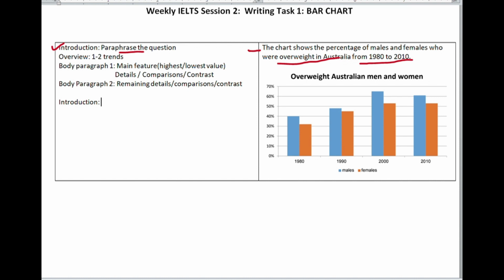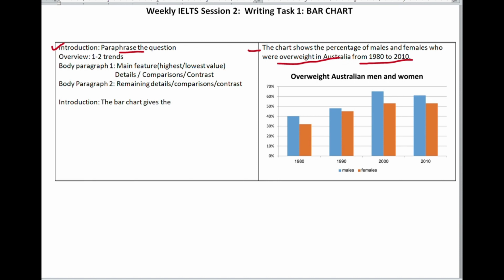In place of chart, we'll write the chart only because a chart is a chart, or we can write the bar chart. In place of shows, we can use the verb illustrates or gives information about or describes, but I recommend that you guys always use gives the information about because that increases your word length.